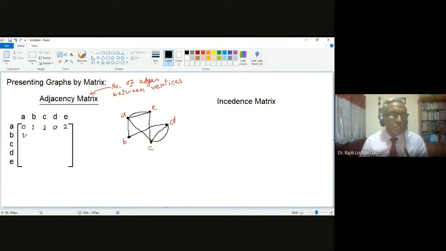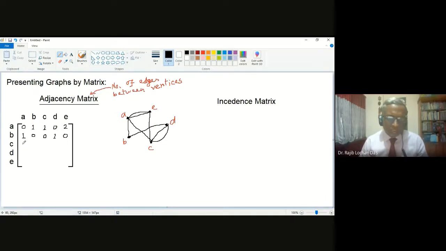AB is 1. BA is also 1. Okay, and BB 0, and BC, there is no connection, and BD there is one connection, BE there is no connection. So in this way you can make the matrix, and that will be called adjacency matrix.